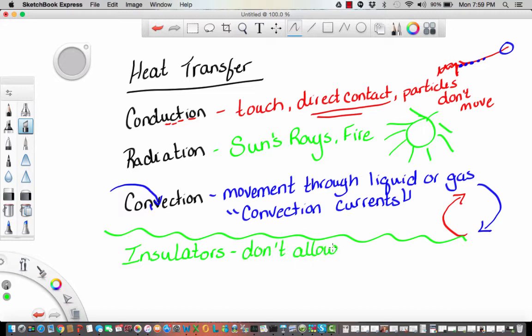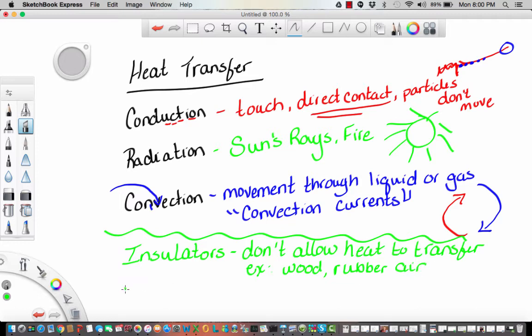So you're going to insulate your drink so you don't lose heat to the air or cold to the air. An example of an insulator is going to be like wood, rubber, air. Those are all insulators.